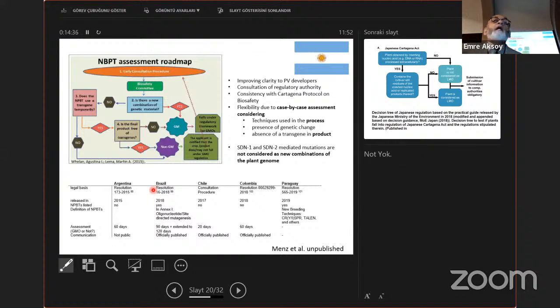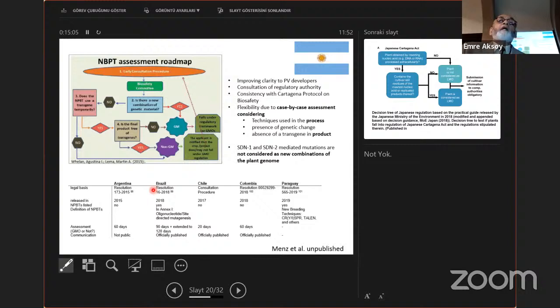This slide shows the NBT assessment roadmap. There are a few steps in that. First is the biosafety committees. Then there is a new combination of the genetic material. If they say no, on the other side, does the NBT use a transgene temporarily?